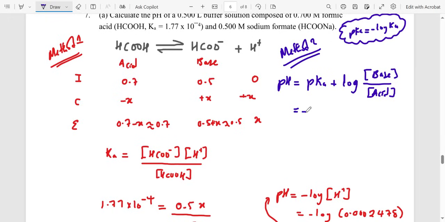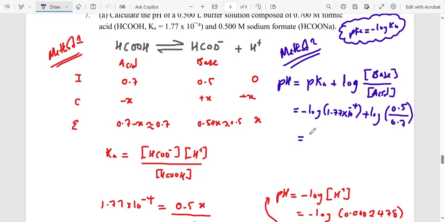So we are going to say negative log, remember the Ka is 1.77 times 10 to the power negative 4. And then plus log. The base, the concentration is here, 0.5, while the acid, the concentration is 0.7.